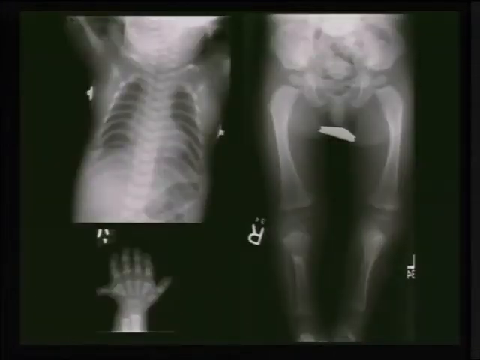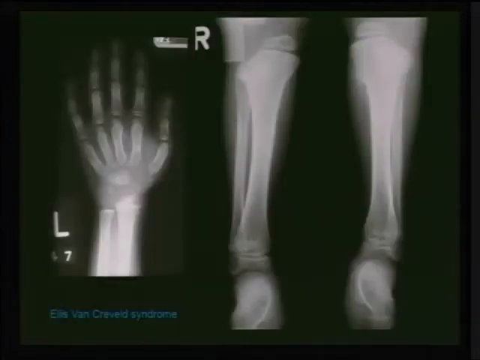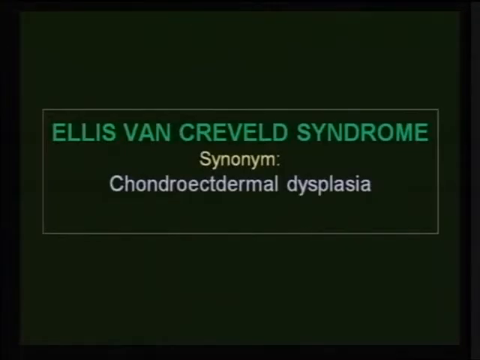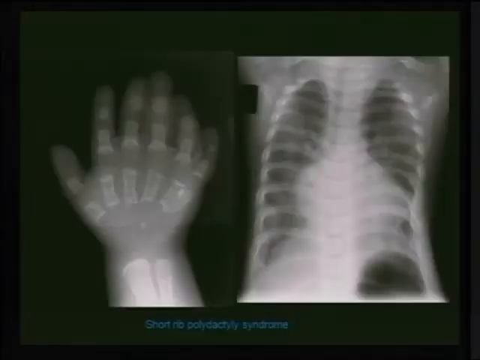Another example, narrow chest, polydactyly, V-shaped lucency in the proximal tibia. When they grow up, this V-shape in the tibia will become like a small exostosis. And the diagnosis is Ellis-Van Creveld disease. You can shine up just by X-ray of the tibia, and you can have the diagnosis. No other dysplasia has the same thing.